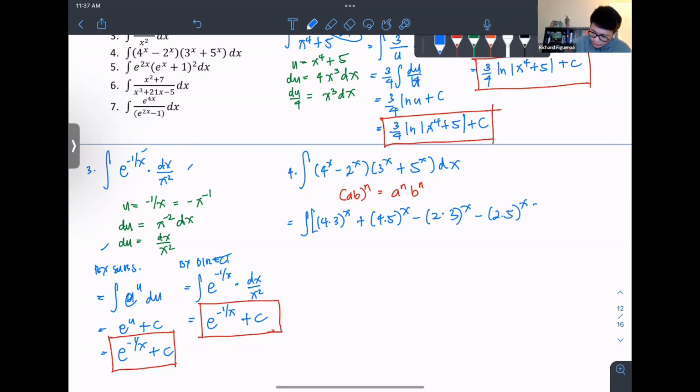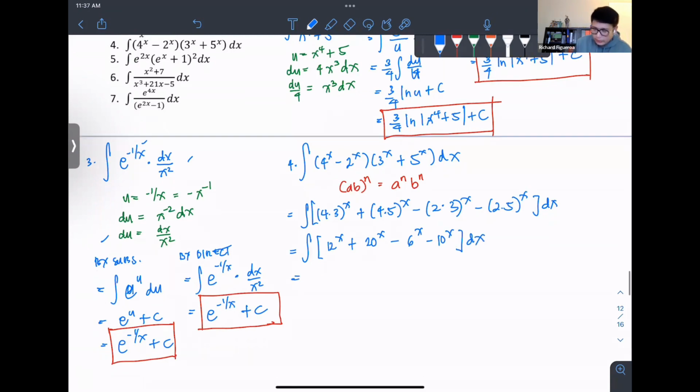Everything is multiplied with dx. So this would be the same as 4 times 3, we'll have 12^x, then plus 4 times 5, it's 20^x, and minus 6^x, and then minus 10^x dx.